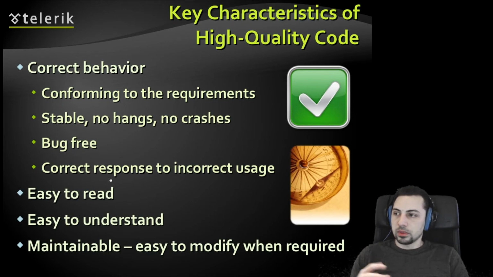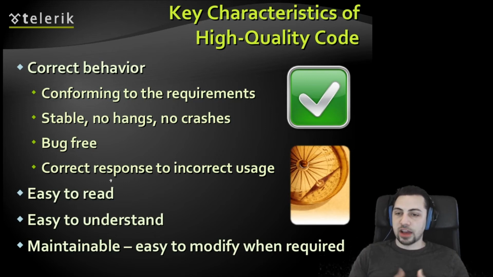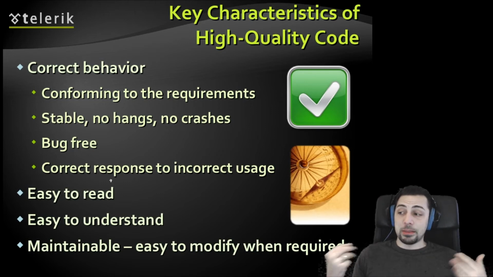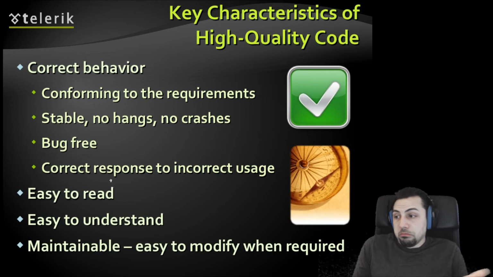So, external code quality: correct behavior, it conforms to the requirements. You have input requirements and output requirements. You conform to those. The program works and gives correct output. It's stable, doesn't hang, doesn't crash. If 90% of the time it gives the correct output, but 10% of the time it crashes and dies, that's not good quality for obvious reasons.